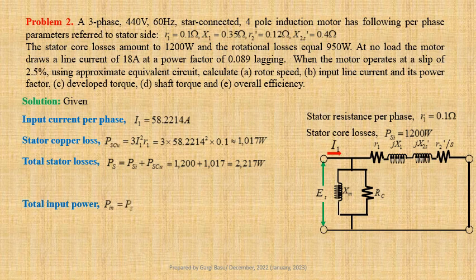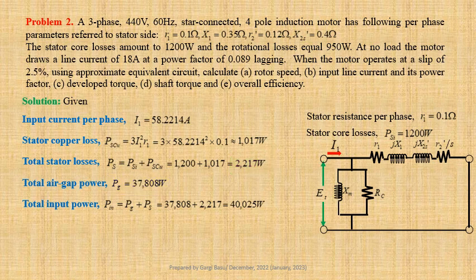Pin equals Pg plus Ps. We have computed total air gap power Pg equals 37,808 watts. Therefore, Pin equals 37,808 plus 2,217, that is equal to 40,025 watts.